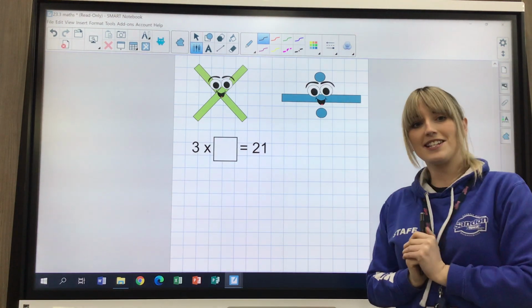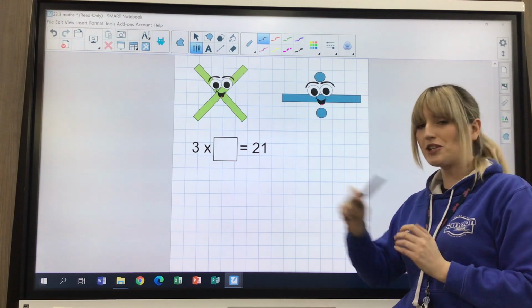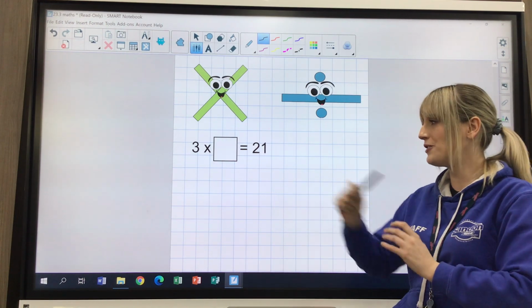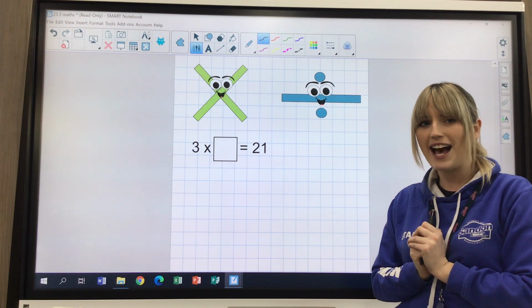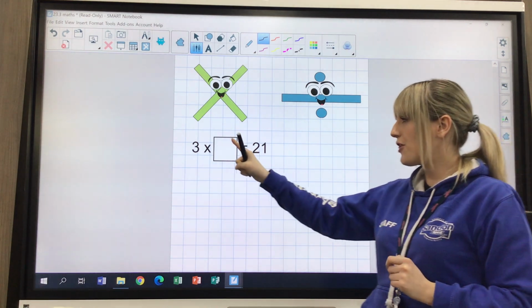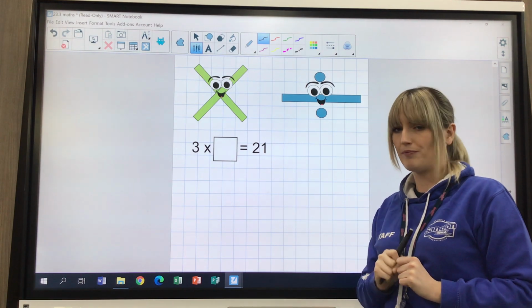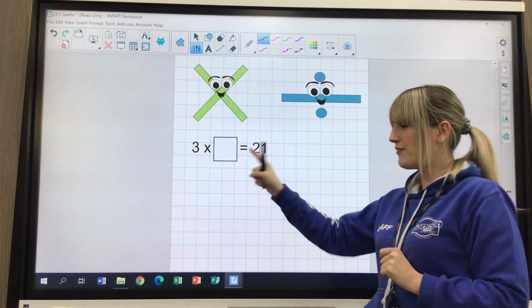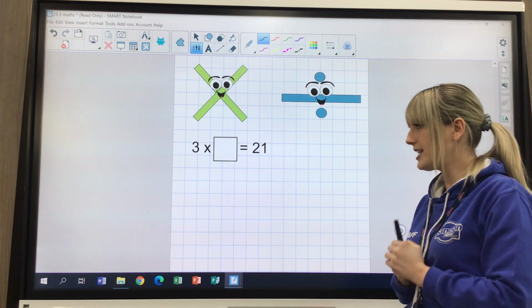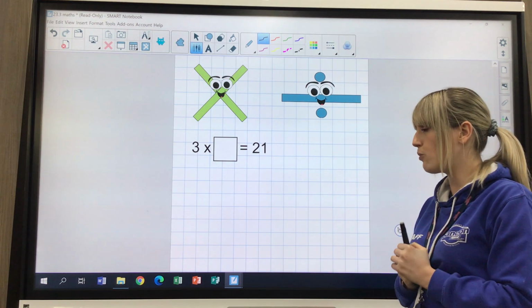Okay, this time then, I haven't got an array to match and I've got a missing number to do first. Can you help me solve it? So I've got 3 times something equals 21. So I've got to figure out that missing number. So 3 times something is 21.